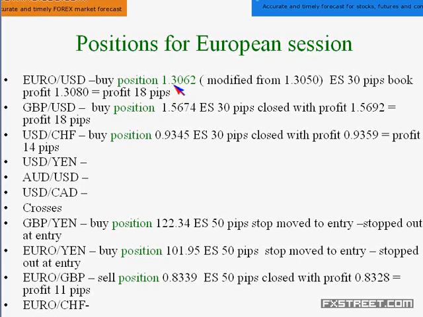I kept a buy order at 1.3050, and that was not filled. So I modified it after about 30 minutes to 30.62. When Euro GBP was filled at 56.74 and came down to 65, it was not hedged. At that time, Euro came only to 30.62, so I took a buy position there after modifying for about 12 pips.